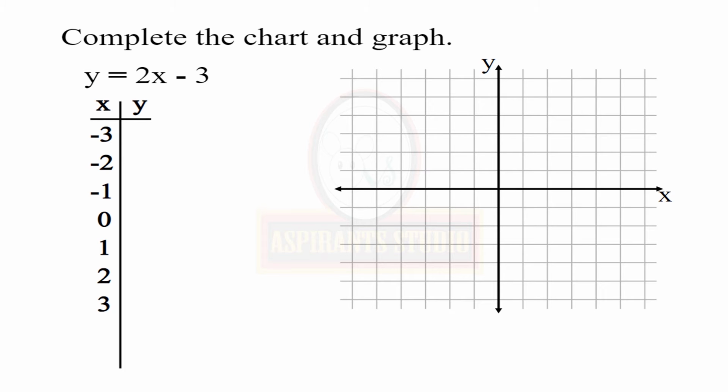Now for example, I am taking y is equal to 2x minus 3. You have to draw the graph of this equation y is equal to 2x minus 3. So you have to draw the table and take some points. There are infinite number of values to be taken. So for the points, x coordinate and y coordinate are essential for a point to be marked on the graph.